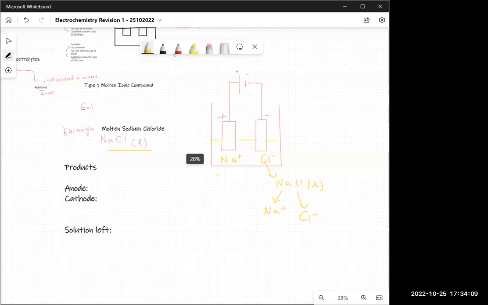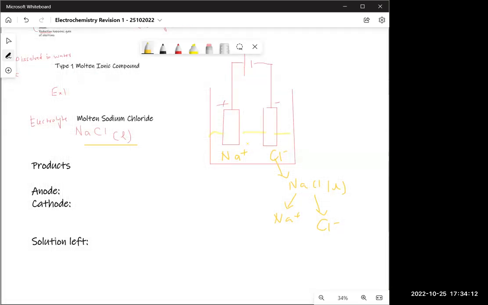Fine. Now can you tell me which ion goes to the negative electrode? Which ion goes to negative electrode? The first one to answer gets 2 points. Na+ goes to the cathode. All right, so Niranjana and Luna answered first.